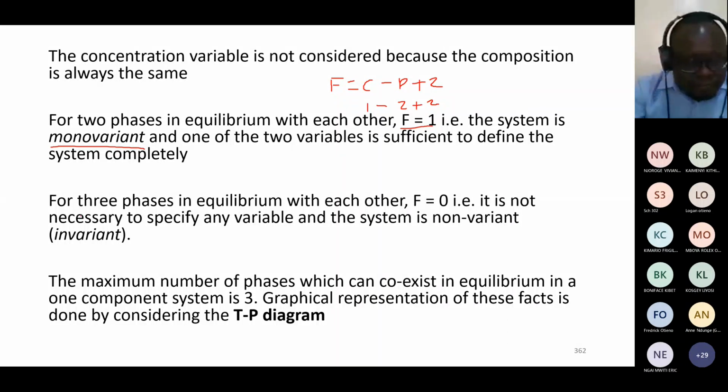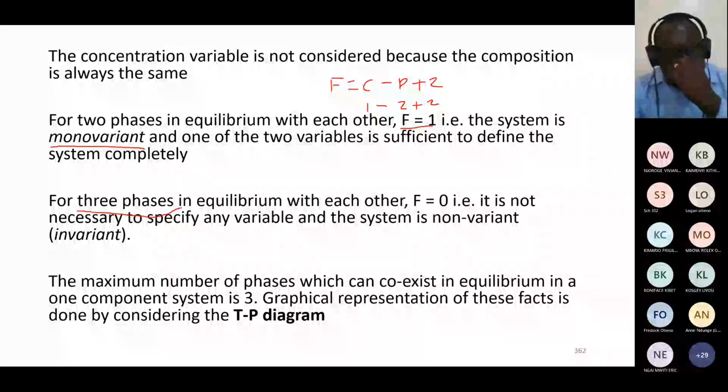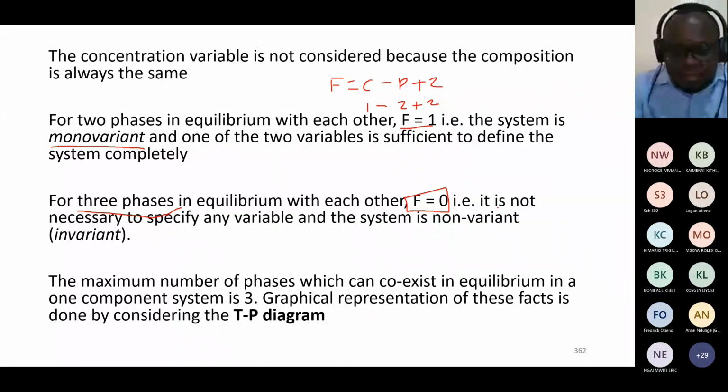If you have 3 phases for this one component system, when the 3 phases are in equilibrium with each other, if you use the phase rule, you get the degree of freedom equals 0. So in this case, we say that it is not necessary to specify any variable, and the system is non-variant, or it is invariant.